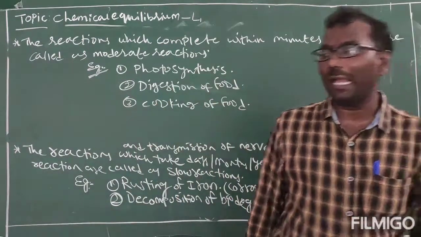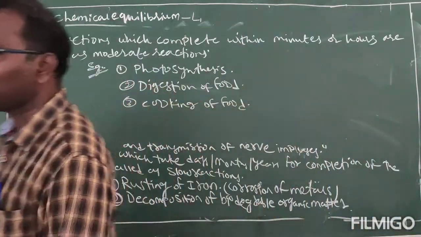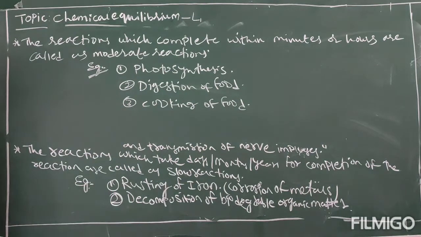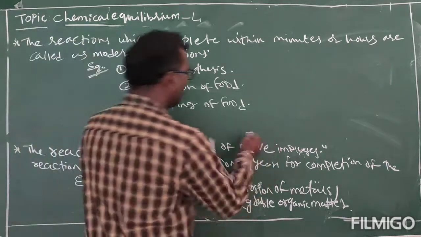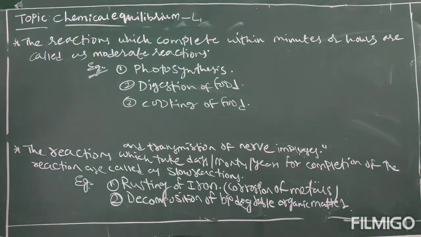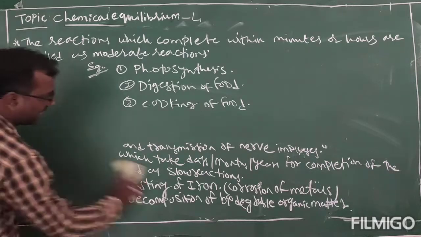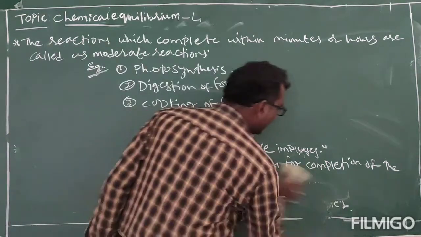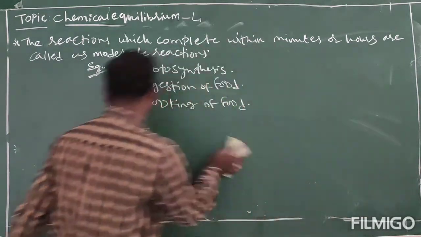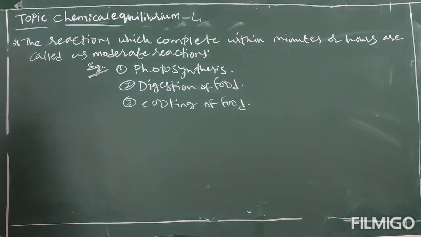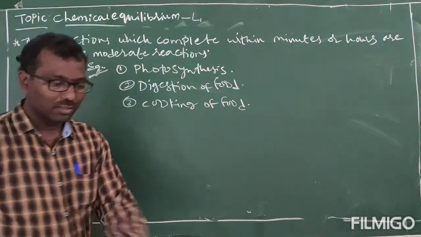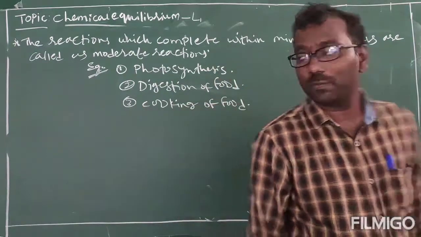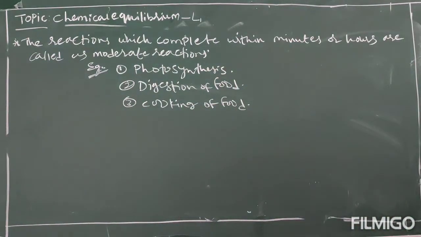The next what we have for the discussion is rate of a reaction. Okay, what is meant by rate? So you might have studied, if anything is defined as rate, what is the exact definition for that rate? That we will see. Now, you please make a note of these points.